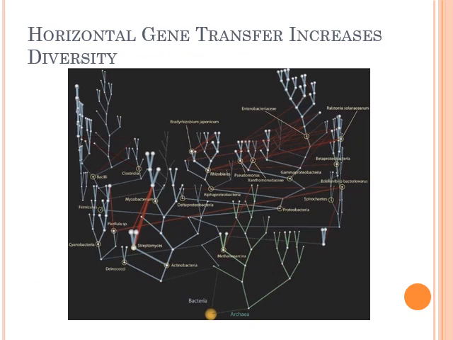This horizontal gene transfer, just picking up random bits of DNA, increases genetic diversity. We have, up till now, looked at phylogenetic trees as fairly straight lines. But the truth is, there's all sorts of connections between the bacterial lineages. You're seeing lots and lots of, instead of just straight up lines, lots of horizontal lines connecting branches.